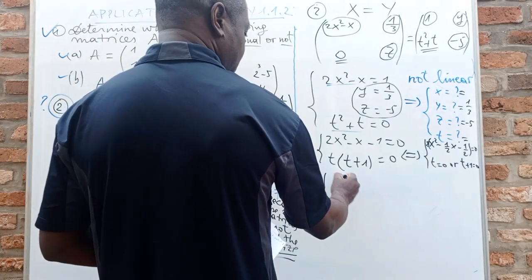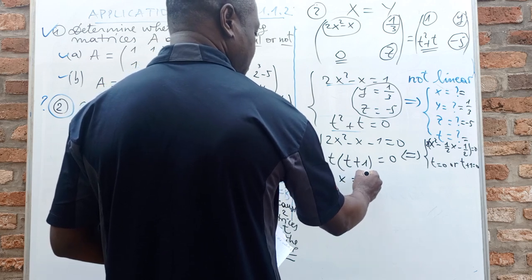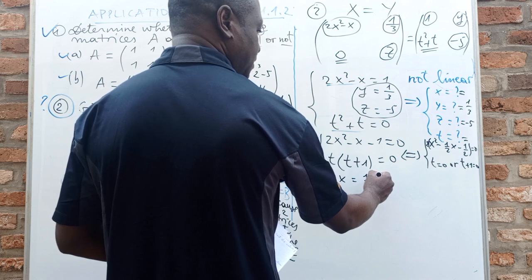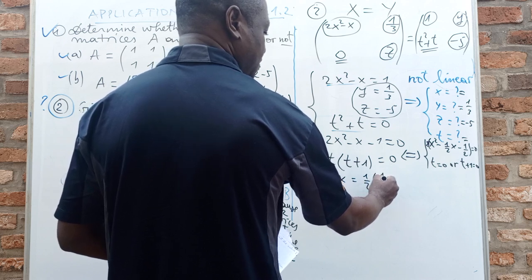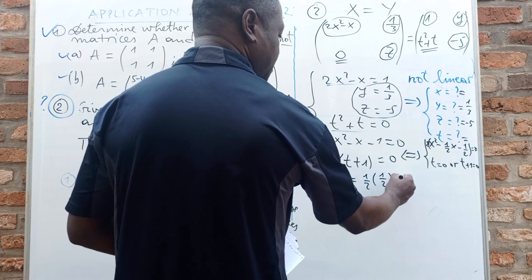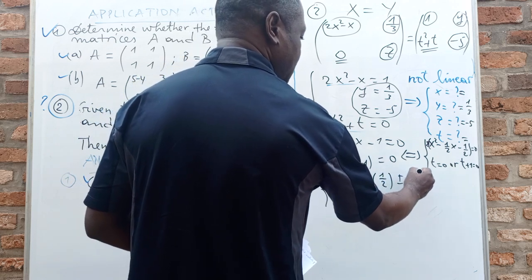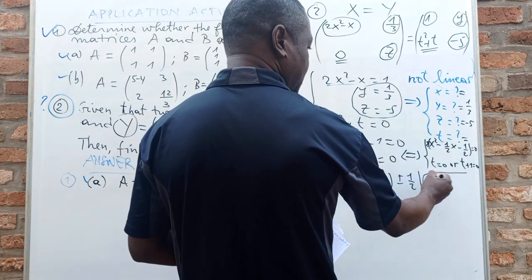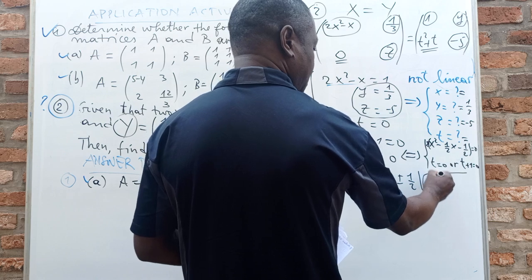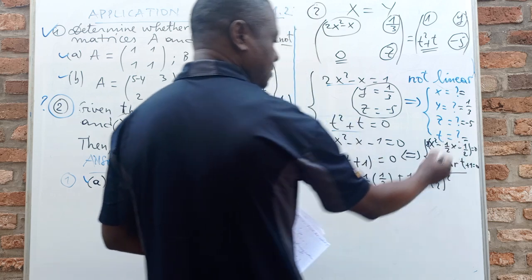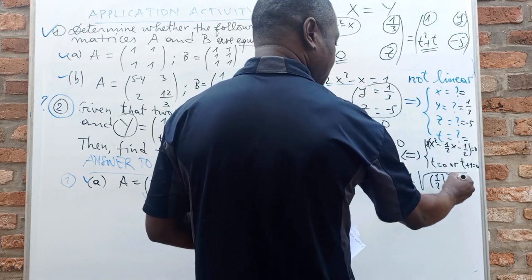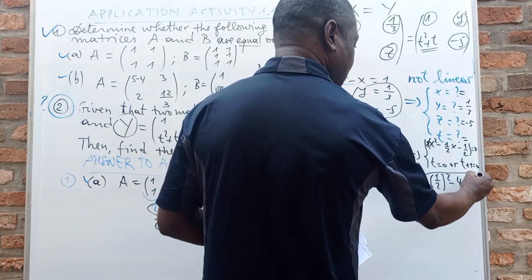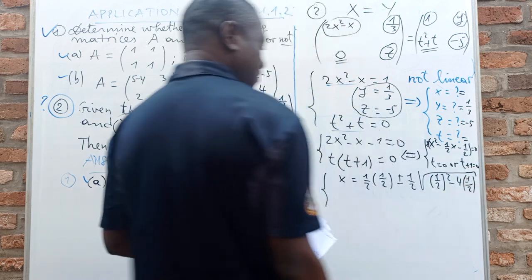So x must be equal to half of the sum, plus or minus half of the square root of the sum squared minus 4 times the product.